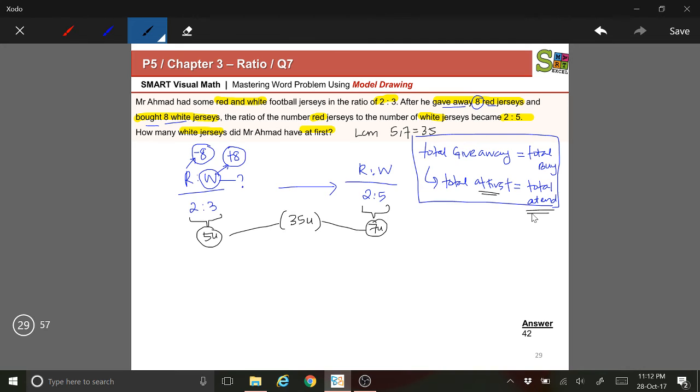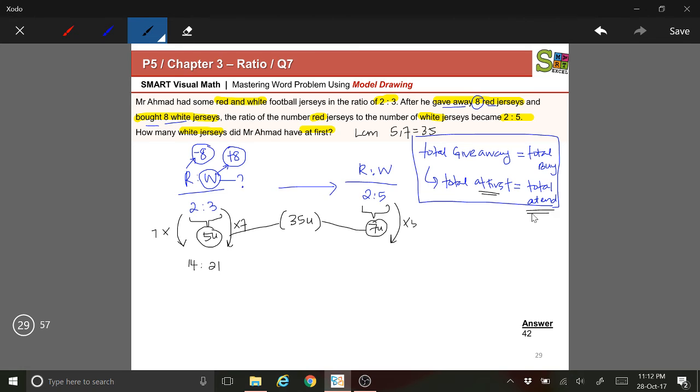Alright, so how do we change to 35 units for this? This one we will need to times 7, which gives us 14. This one also needs to be multiplied by 7, which gives us 21. So 14 plus 21 gives us 35. Next one, how do we multiply to get 35?